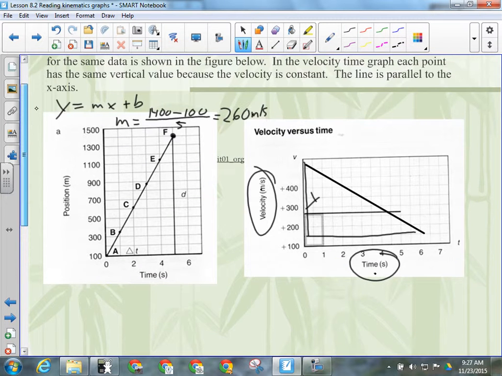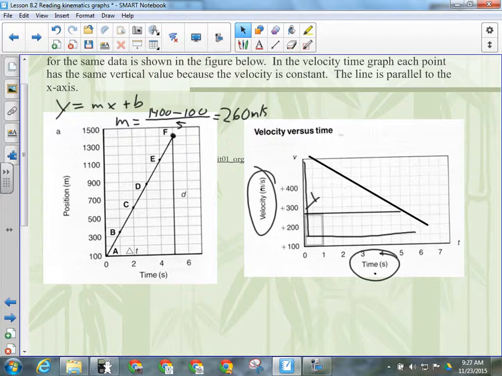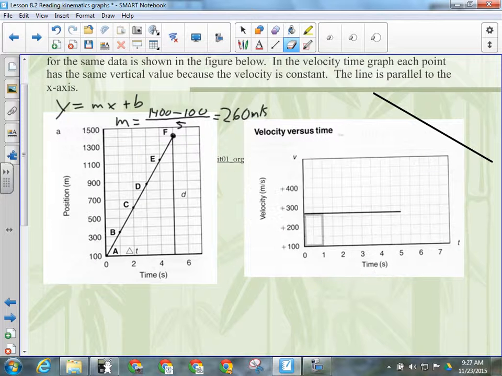Let's go back to this graph here before I wrecked it. What if a question gave me that graph and then asked me to calculate the displacement of the object? Exactly. Go 260 times 5. I'm looking at that graph and I'm saying, I know what the average velocity is because it doesn't change.